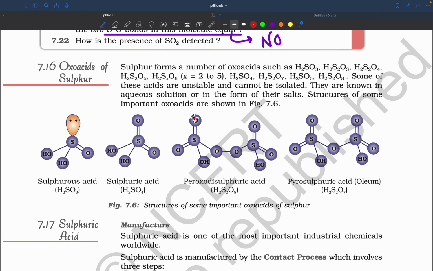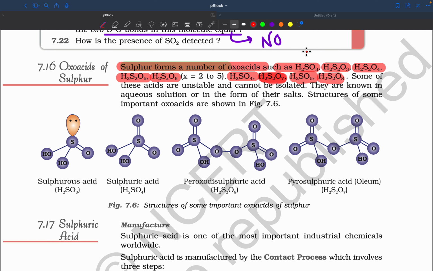Right. So here are the sulfur oxo acids. Only a few are given, only 5 are given. Sulfur forms a number of oxo acids such as sulfurous acid, thiosulfuric acid, dithionic acid, peroxydisulfuric acid, pentathionic acid, and polythionic acid, H2SO4, H2S2O7, sulfuric acid, pyrosulfuric acid, peroxymonosulfuric acid, peroxydisulfuric acid.